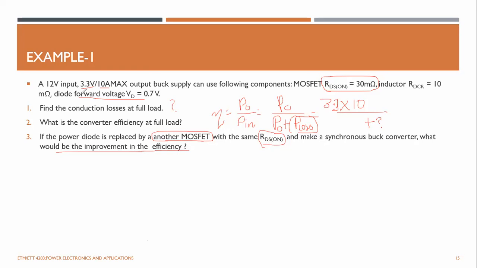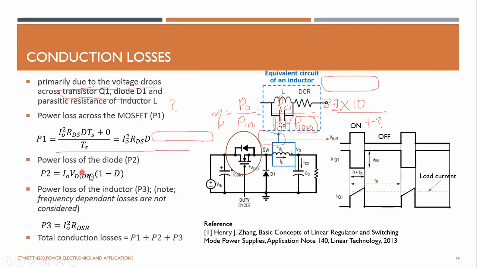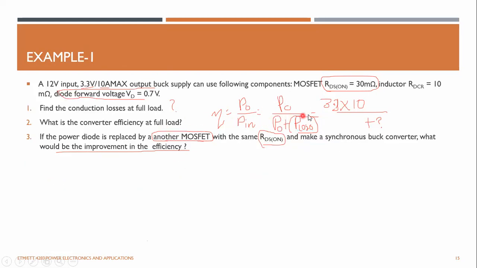So all you need to do is, you have calculated the power loss of this body diode, right? Now it is required to use a power switch here. So by using this derivation, find out the power loss of the new switch, and then recalculate the P2 component, and using this equation find out what the change in efficiency is, right?